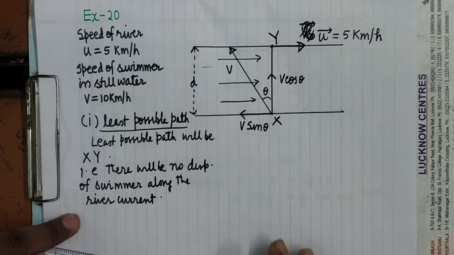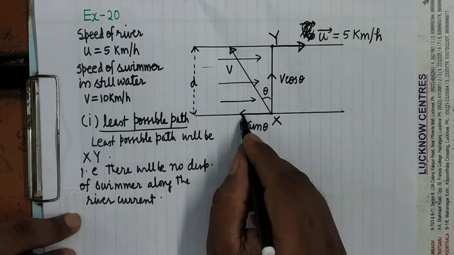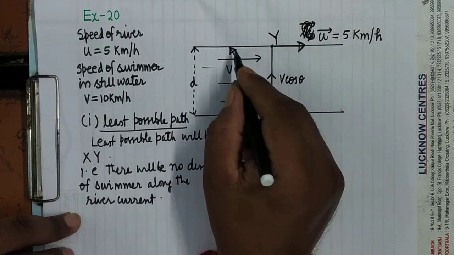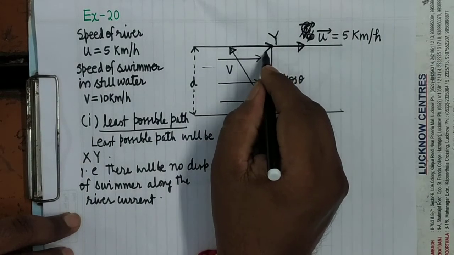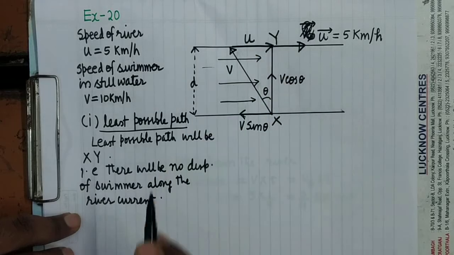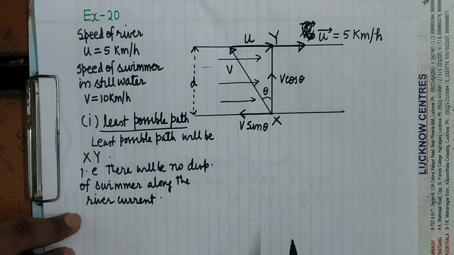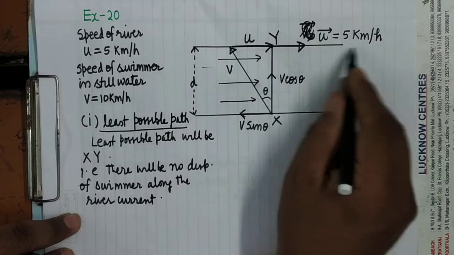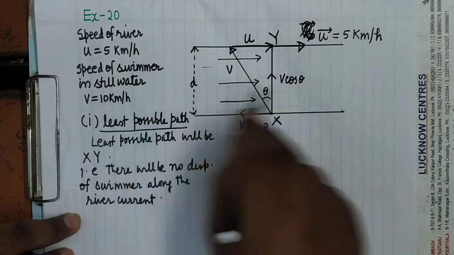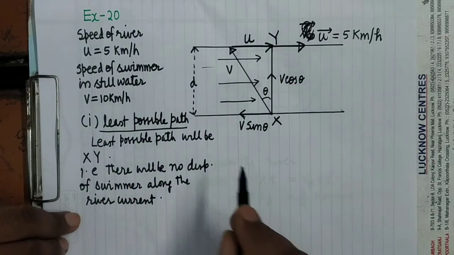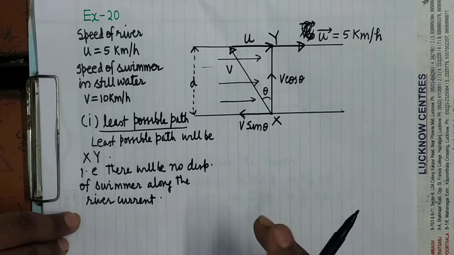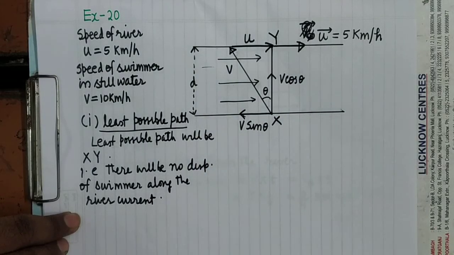And that will be possible only when the velocity component of the swimmer becomes equal to the reverse velocity. It's clear. Because he is traveling no distance in the direction of the river current, it means in that direction there is no velocity.